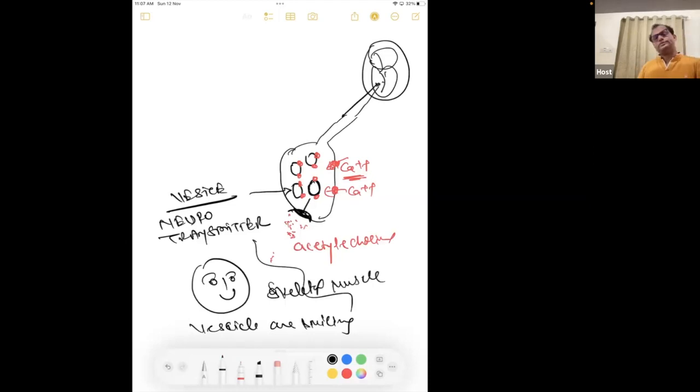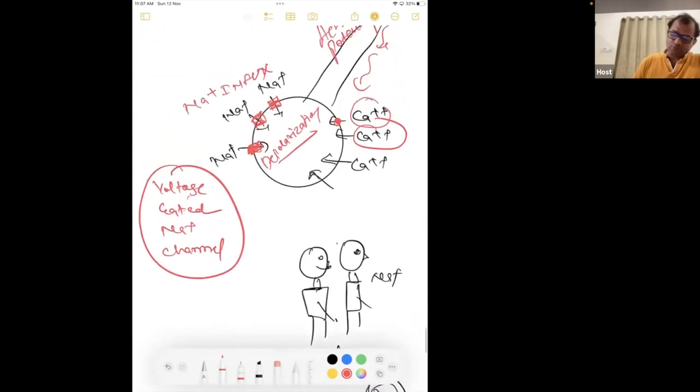So what is the story? The story is this. The action potential is coming from the anterior horn of the spinal nerve. Then voltage gated sodium channels are improving the sodium influx, which is promoting entry of calcium through the special channel or receptors. And they are doing depolarization, changing in the polarity.